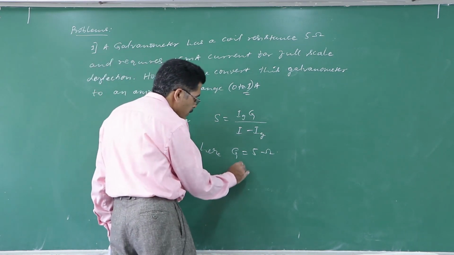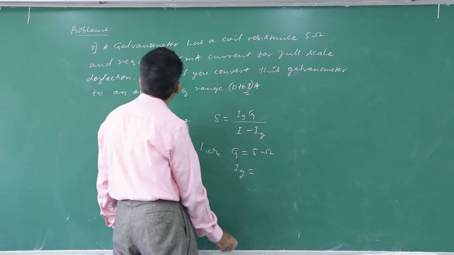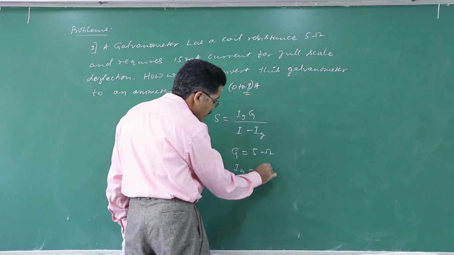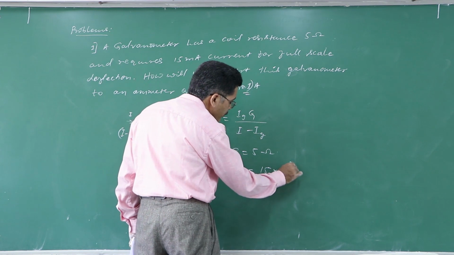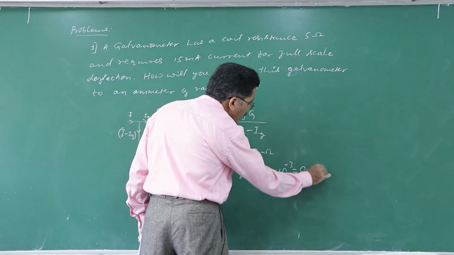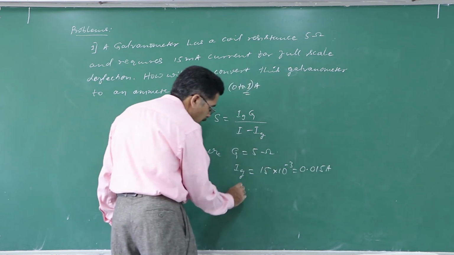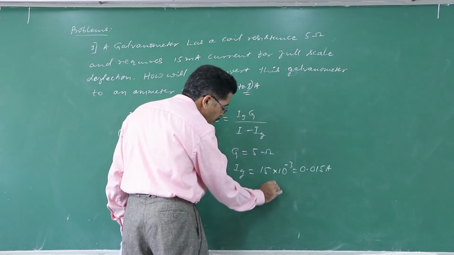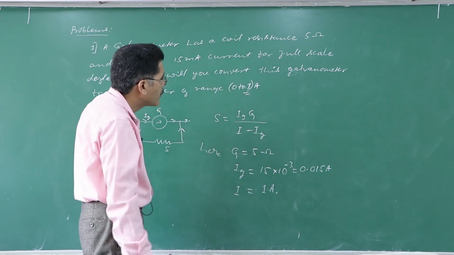Ig is 15 milliampere, that is 0.015 ampere. And I is 1 ampere. Now substitute in this equation.